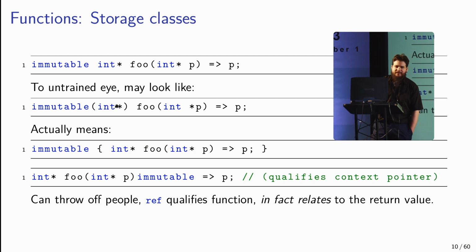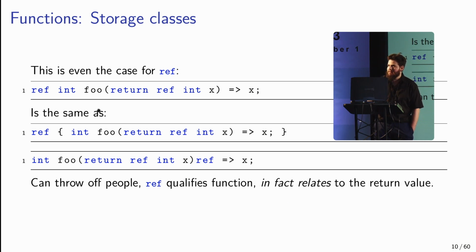But actually, it's the same as for the variable, and it applies to the entire declaration, which is the same as qualifying the implicit context. So if this is a member function, it qualifies this. If it's a local function, it says you can only access immutable closed-over variables. This can sometimes throw off people because ref also qualifies a function, but in fact does relate to the return value.